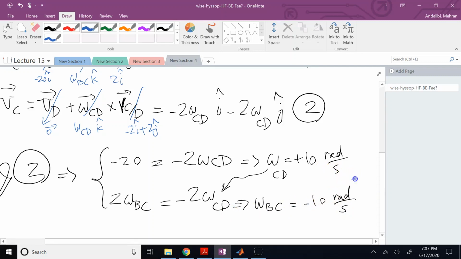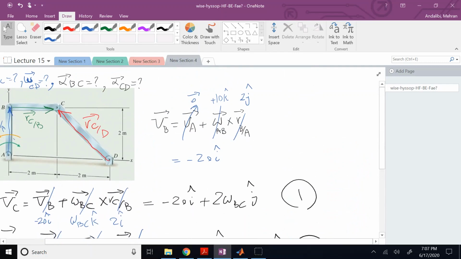Okay, so these are the two omegas that we needed. I got both of them, and I can write them somewhere.